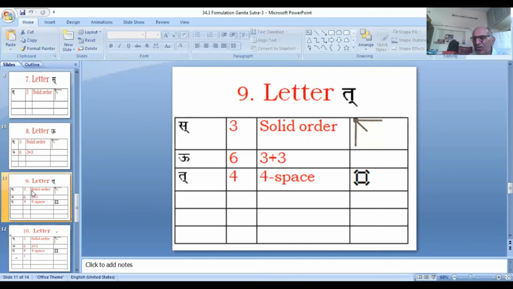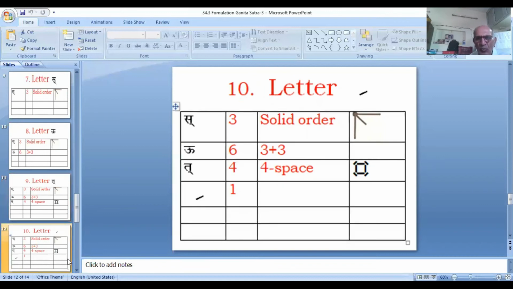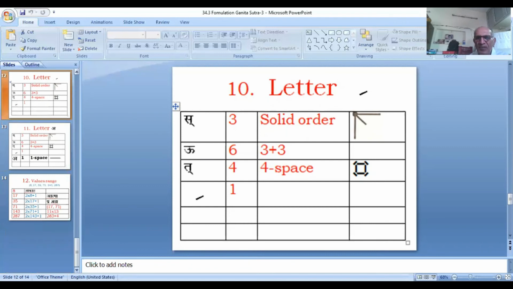With this reach, the further step comes in terms of the fourth letter, which is the Antahstha Ra, the second letter in its dynamic state.